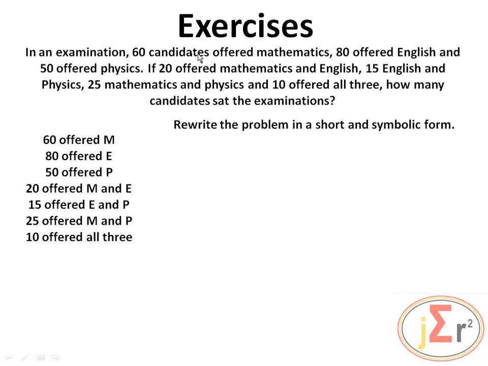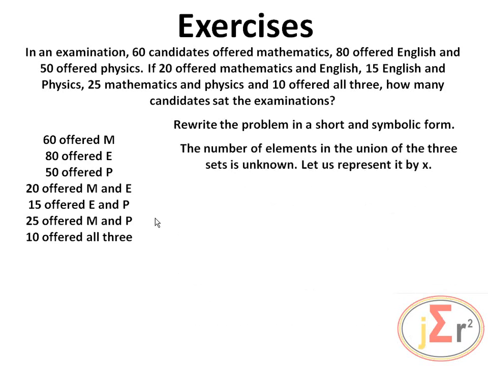So 60 candidates offered mathematics, 80 offered English, 50 offered physics. Then we have the intersection of two sets, 20 English and mathematics, 15 English and physics, and finally 25 mathematics and physics. And of course, the intersection of three sets, not to be left out.